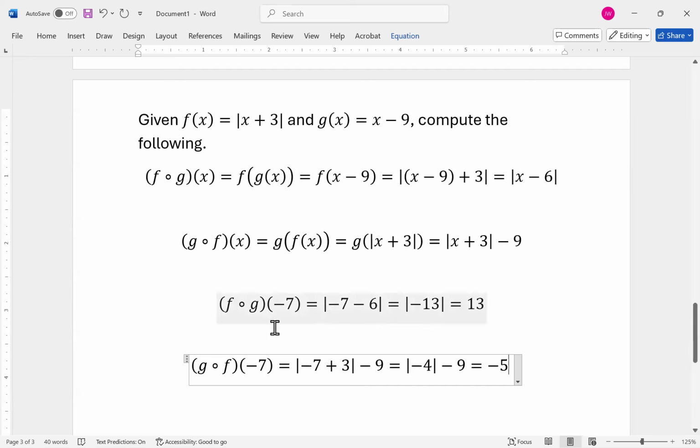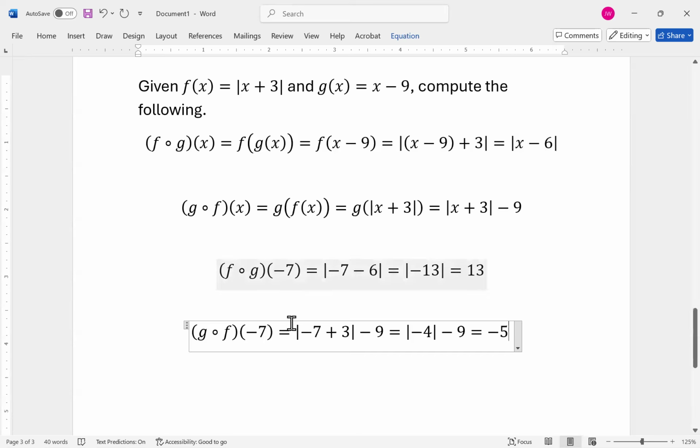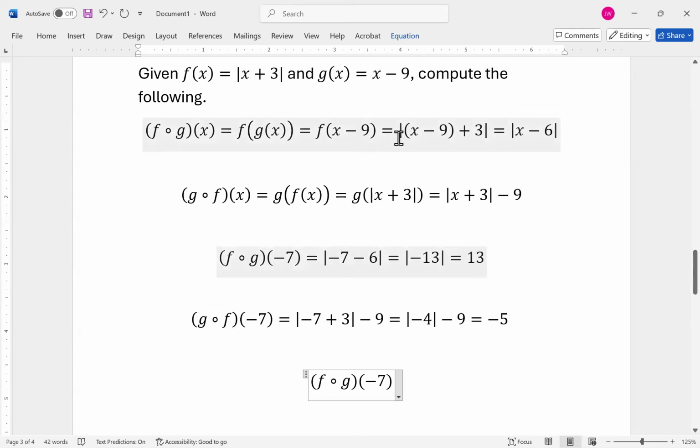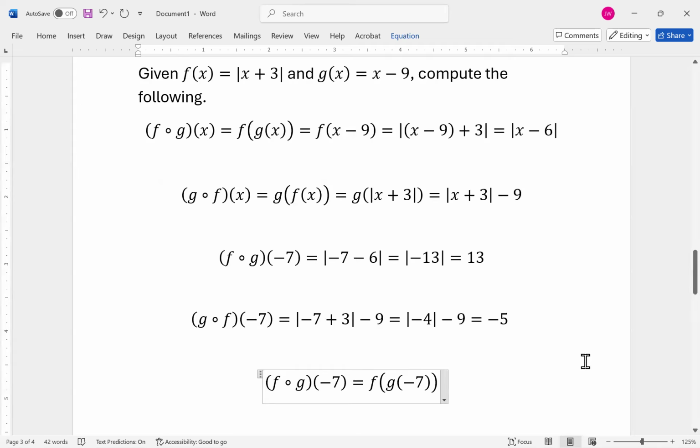And once again, like I've said before, you could have also done the tracing steps as well. If I plug in a -7, I don't have to get this simplified version. I can ask myself, well, when I plug in -7 into g, what do I get?